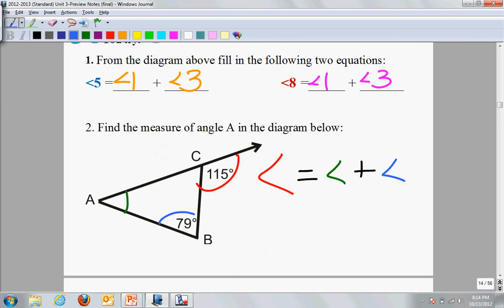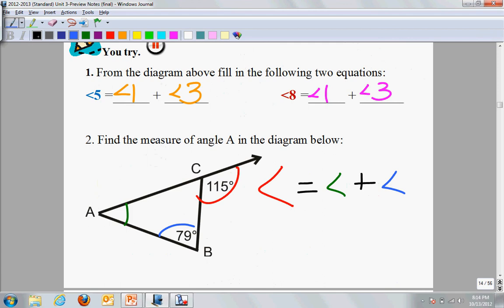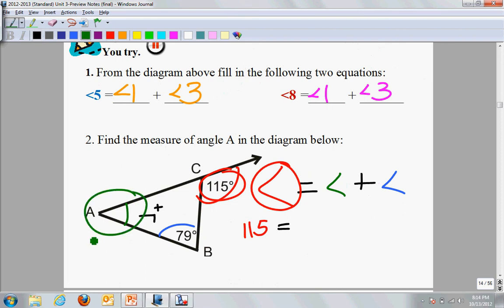The exterior angle is equal to the remote interior angles added together. My exterior angle, circle, plug it in. Circle, I don't know it, I'm going to call it X. Circle, 79. We're going to solve for X, obviously.